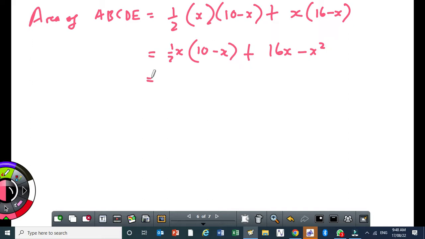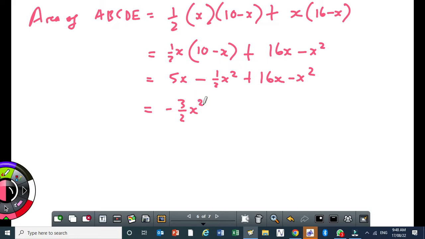Then let's simplify. Here you end up getting 5x minus a half x squared plus 16x minus x squared. Now, minus half x squared plus minus x squared will give us minus 3 over 2 x squared.